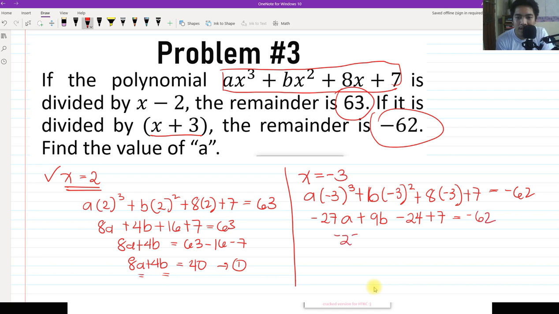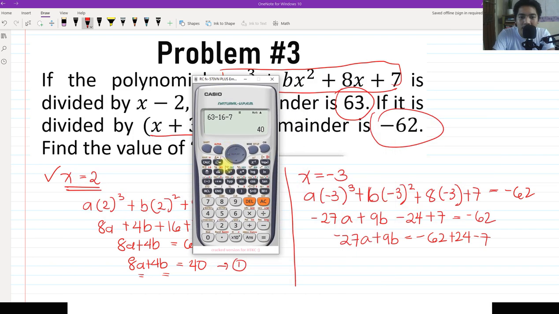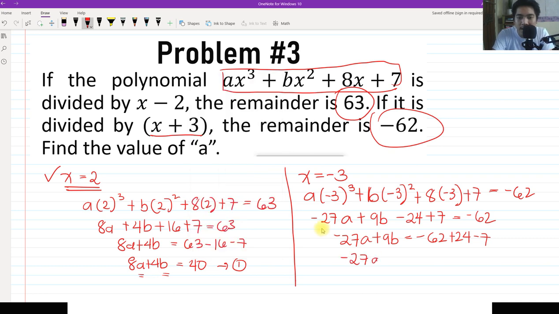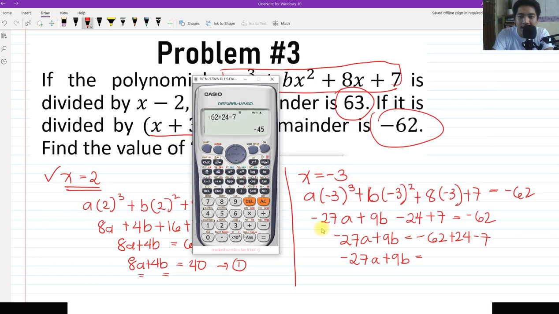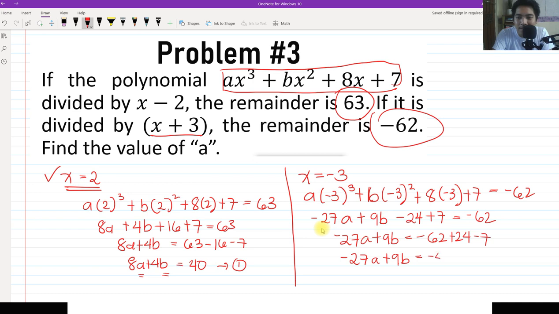Then we have negative 27a plus 9b equals negative 62 plus 24 minus 7. Simplifying the constant side, we have negative 45. So negative 27a plus 9b equals negative 45. This will be our equation 2.